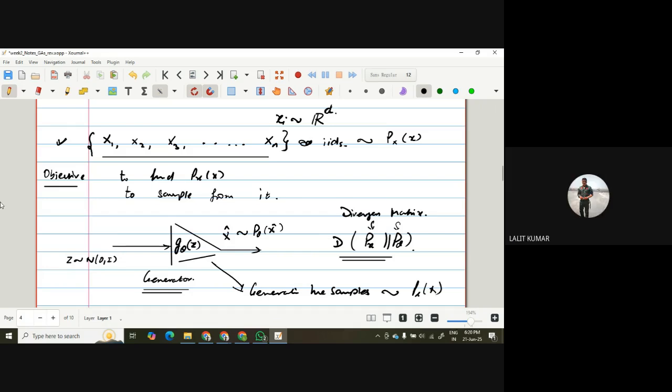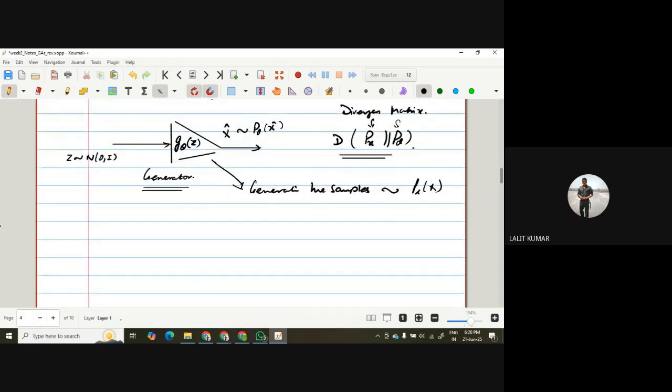So from there, our objective became that you have to arg min over theta of this D(px, p theta).